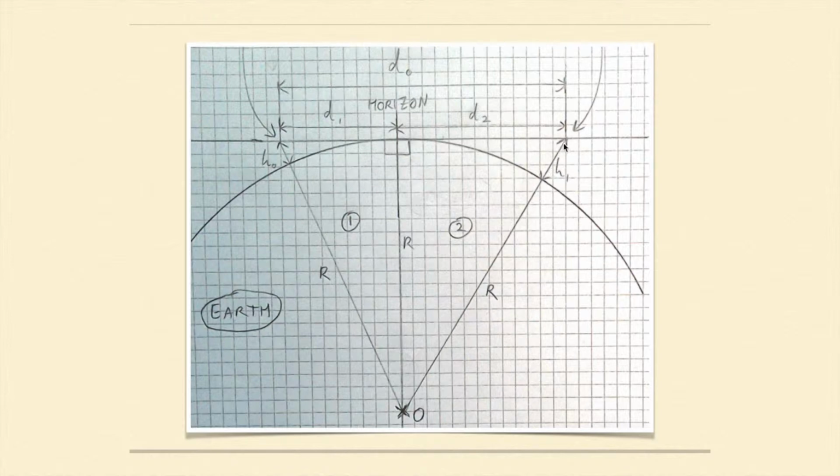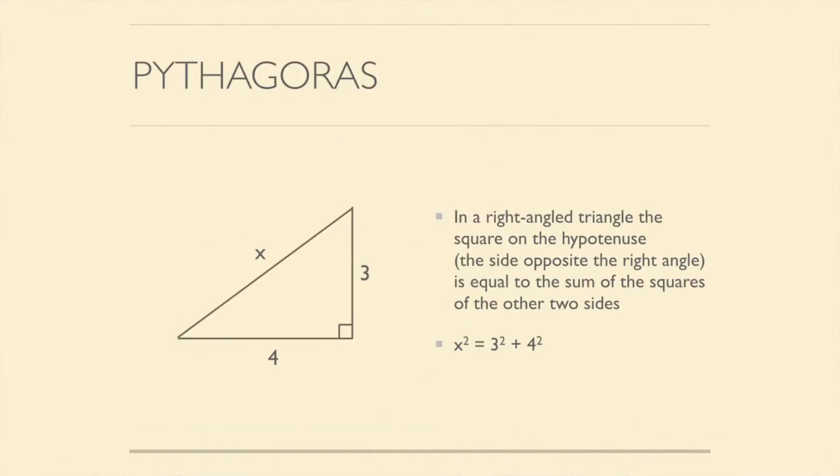This part of the thing we're looking at should be hidden by the Earth's curvature. And we have d0, which is the distance from us to the target. To calculate the target hidden height, we need to use Pythagoras and equations.